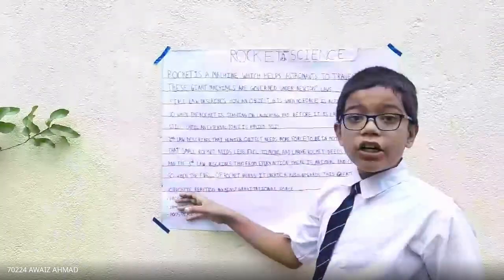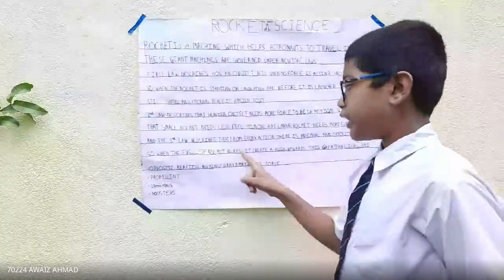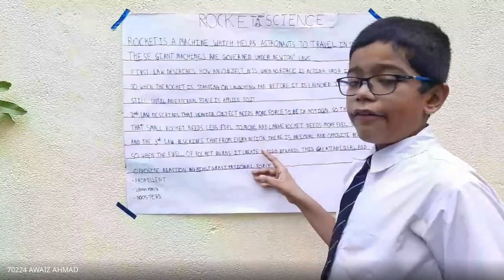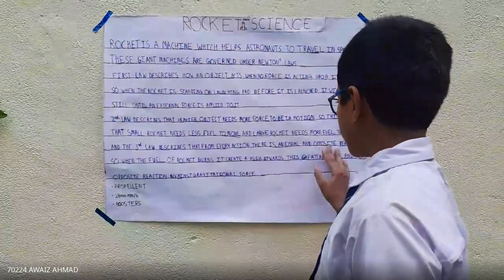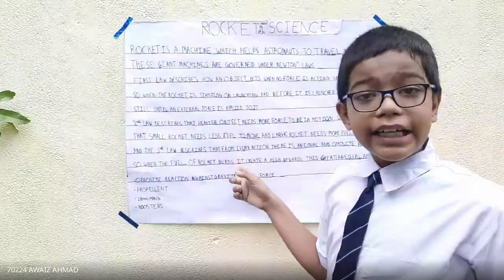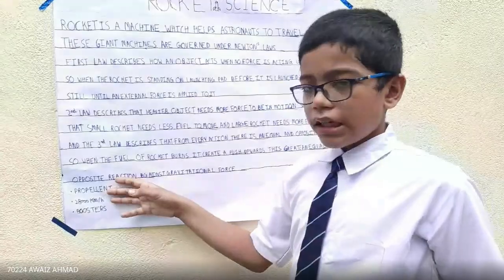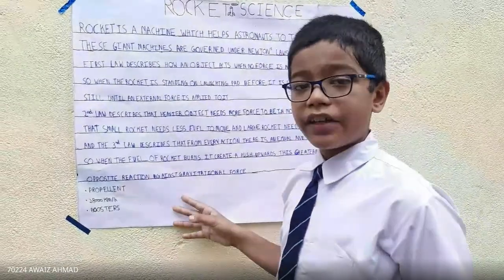And the third law is the most crucial law of Newton's. The third law says that for every action there is an equal and opposite reaction. So when the fuel of the rocket burns, it creates a push upward, which creates an equal and opposite reaction against gravitational force.